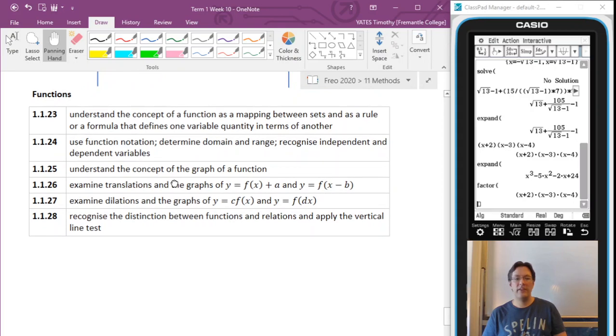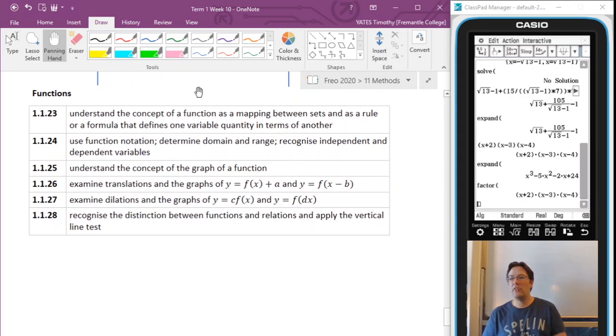Next up, we've got functions. We've got to understand that when we've got a function like f of x equals 3x squared, we are taking an x value, whatever it happens to be. So we're taking an input, and this is a common sort of drawing that people do. We've got our input, and then we've got an output.